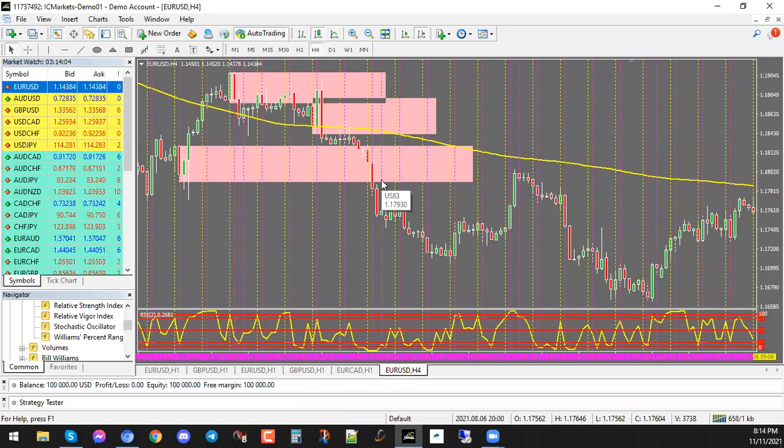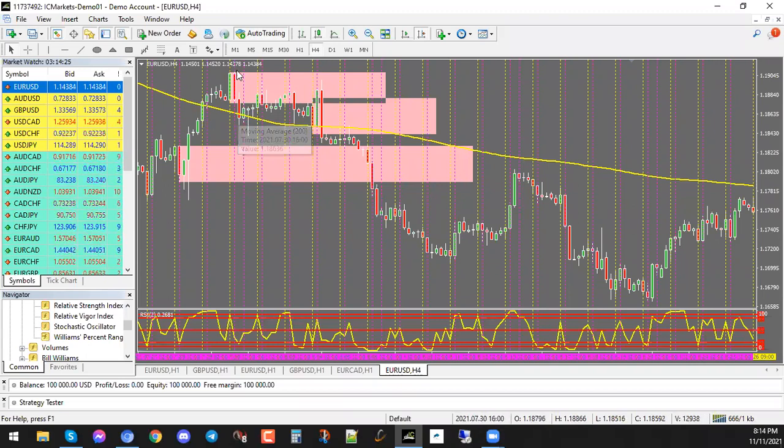So every time price comes and hits an order block, it somewhat invalidates that order block, which means that that order block no longer carries much strength. Okay.